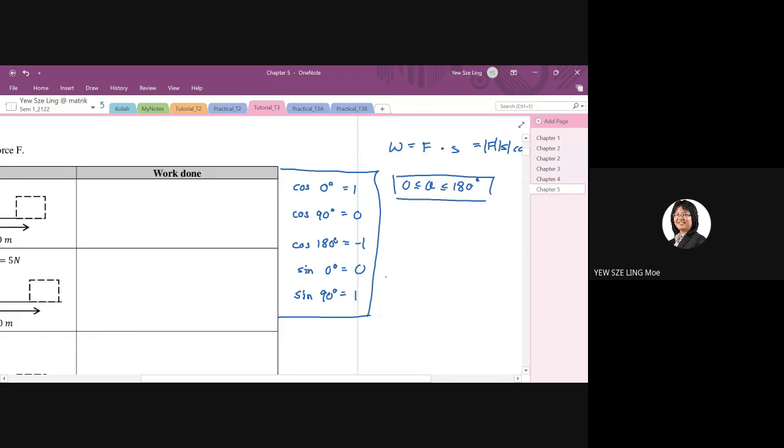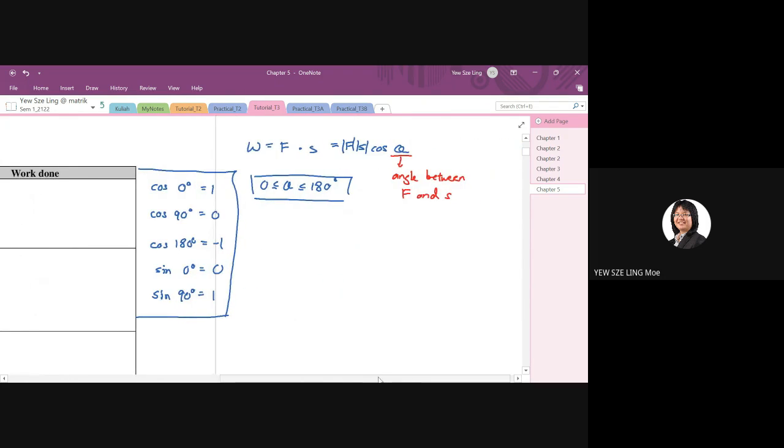Straight away, you get the answer. For example, it asks which situation gives the maximum work done, or the minimum work done, then they are all based on the angle. You can determine based on the angle.